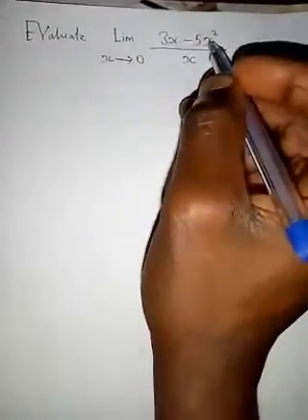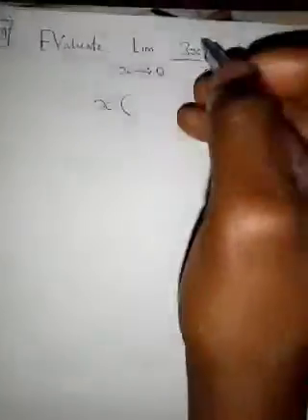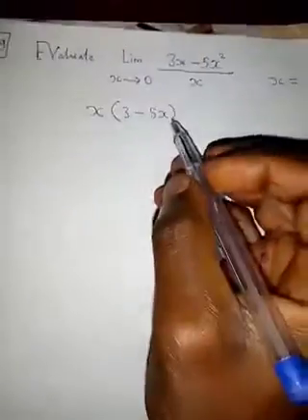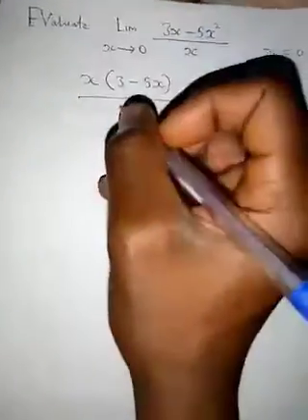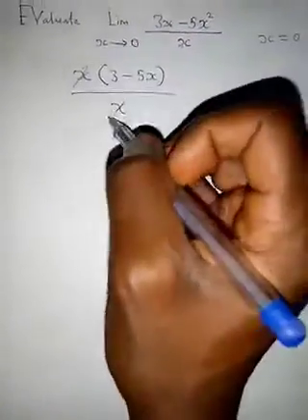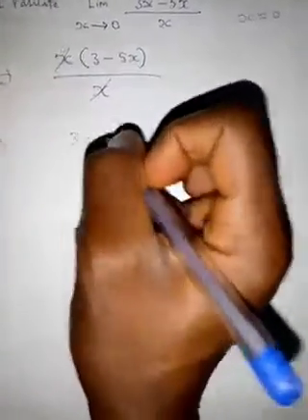So I'm going to try to use the factorization method. You can see that the common factor here is x. If I factorize the x out, here I'll be left with 3, then here I'll be left with 5x, all over this x, and we can see that this will cancel each other. So when this cancels, we'll be left with 3 minus 5x.